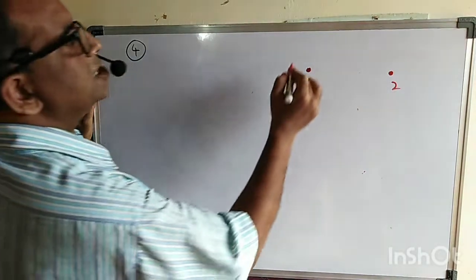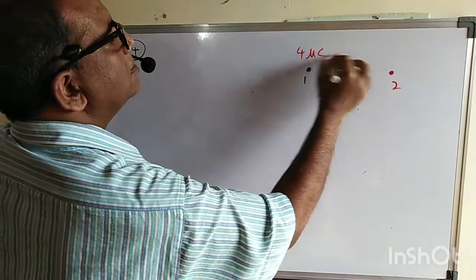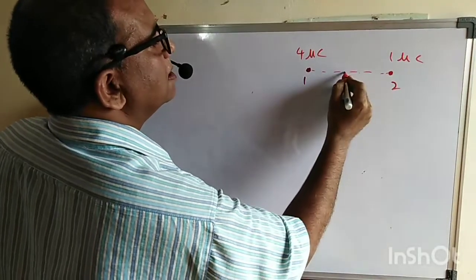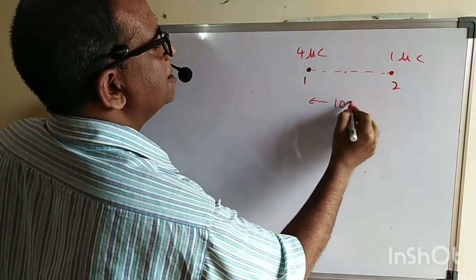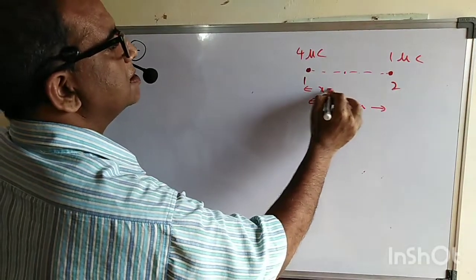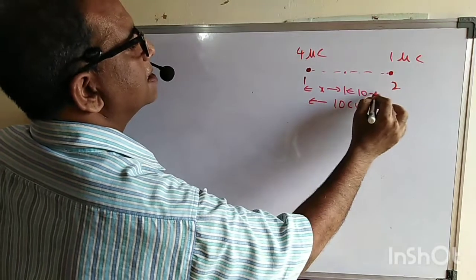Let us say this one is 4 microcoulomb. This one is 1 microcoulomb. At some place, say the distance between them is 10 centimeter. Let's say this distance is x and this one is 10 minus x.